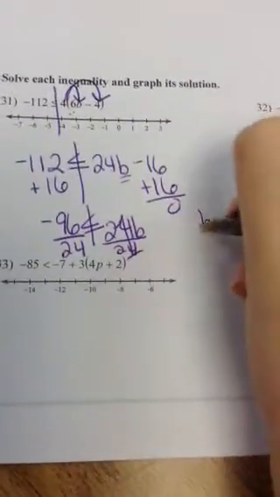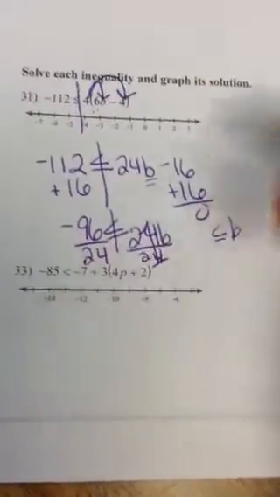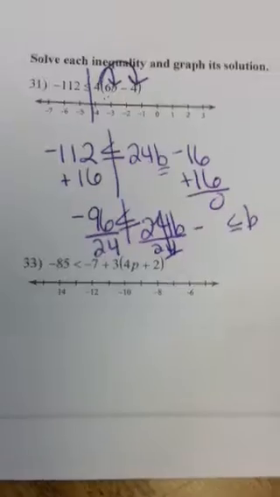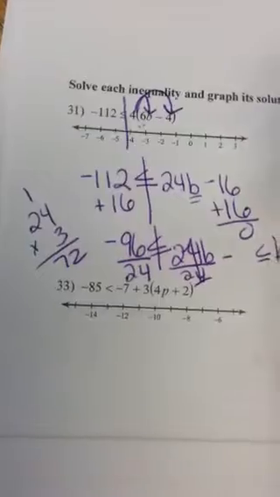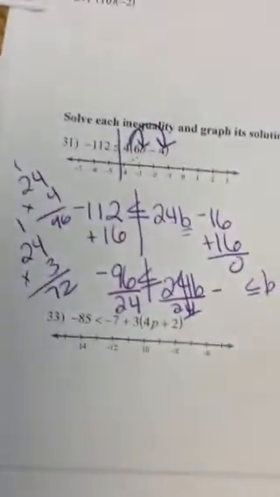And I get b is greater than or equal to a negative divided by a positive is a negative. And then 24 times 3, 6 would be 72. 24 times 4, oh awesome, is 96.